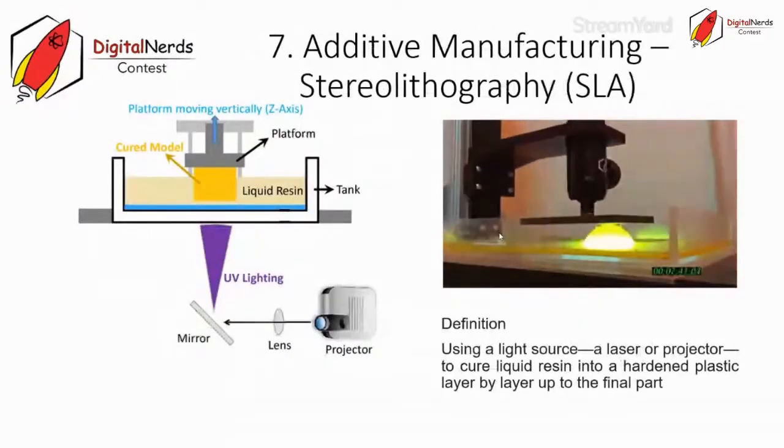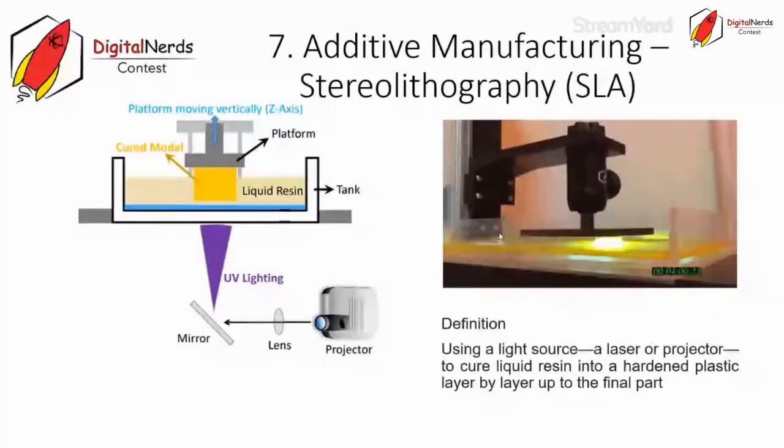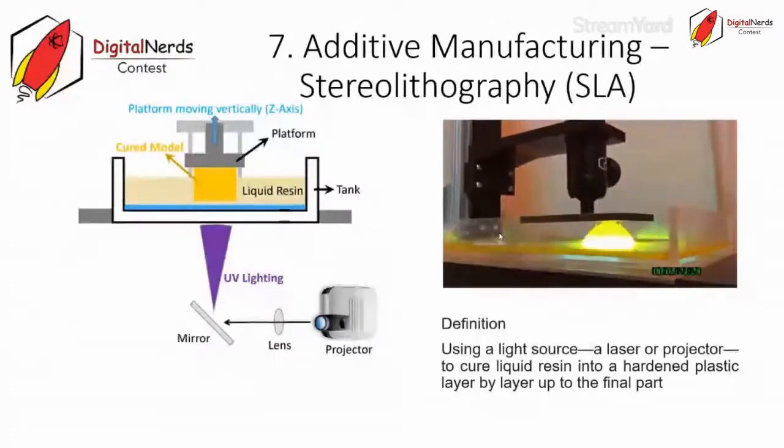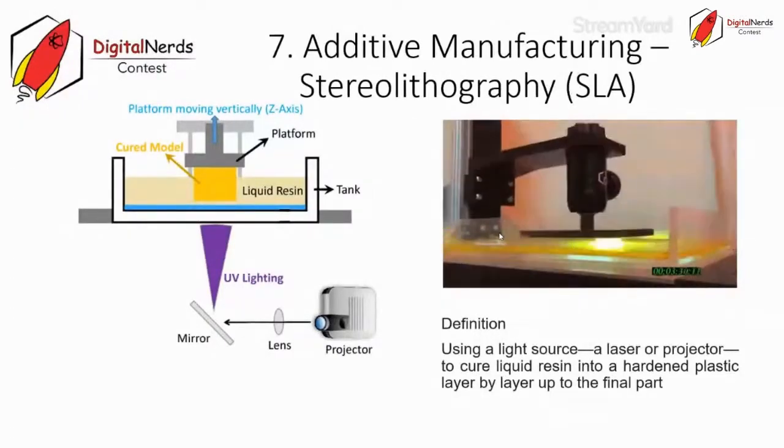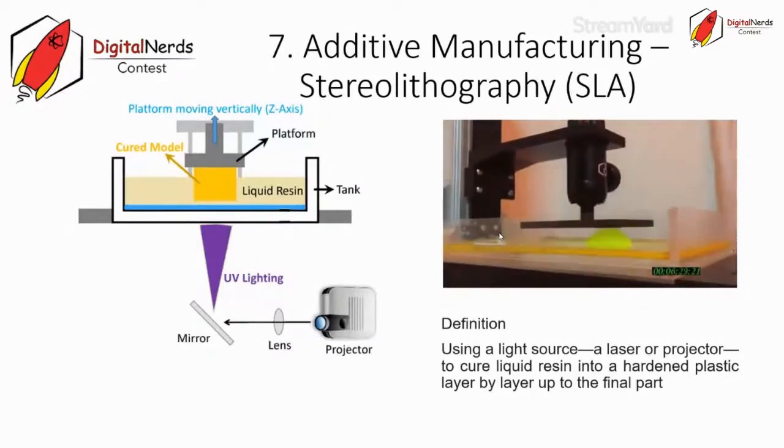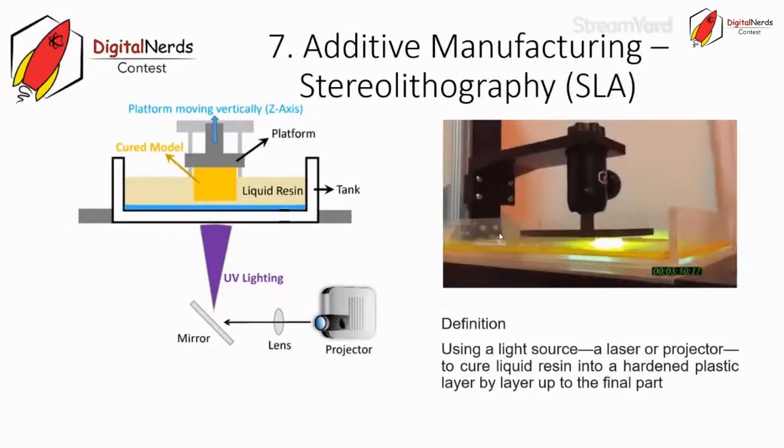I'm also going to say something about stereolithography: with the help of a light source, we cure the liquid resin into a hardened plastic until we obtain the final part.